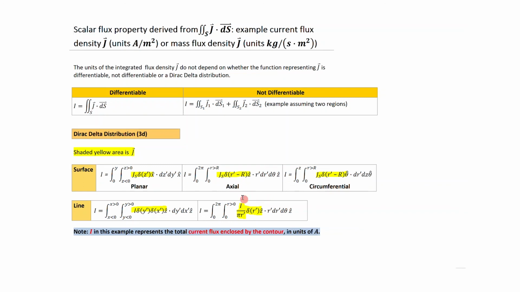Circumferentially, the only difference between this one and the previous one is that in the previous case the current was flowing in the z-hat direction. Here, the current is flowing in the theta-hat direction. That's basically the only major difference.